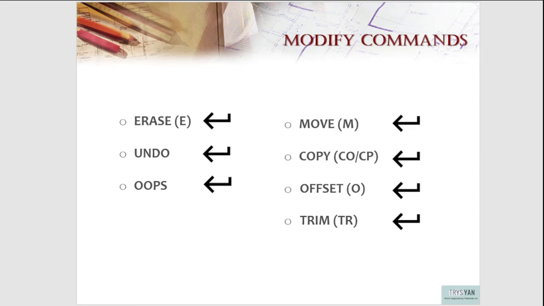No? Ayan. So, makikita natin, malinis na yung ating circle. Na-trim na yung mga lines. No? So, kagaya nga ng sinabi ko kanina, we can multiple select. No? So, I will end this command. I will just press the space bar or the enter of your keyboard.